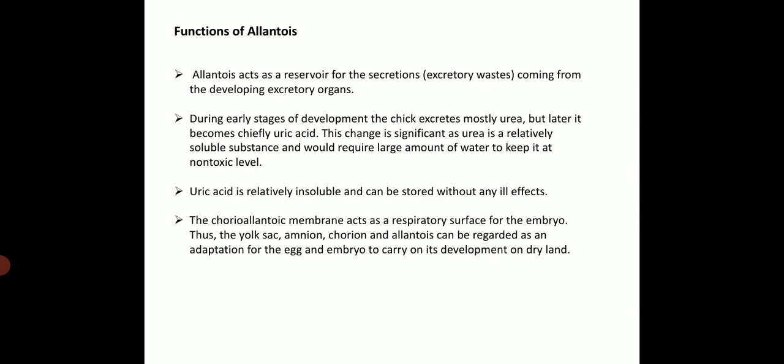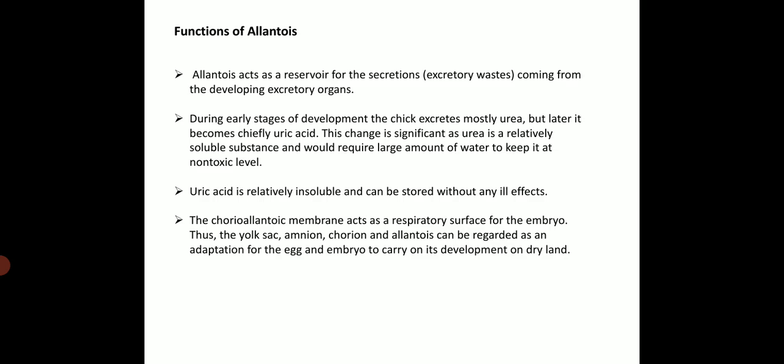Last one is the function of the allantois. The allantois acts as a reservoir for excretory waste coming from the developing excretory organs. During the early stage of development, the chick excretes mostly urea, but later it becomes uric acid.